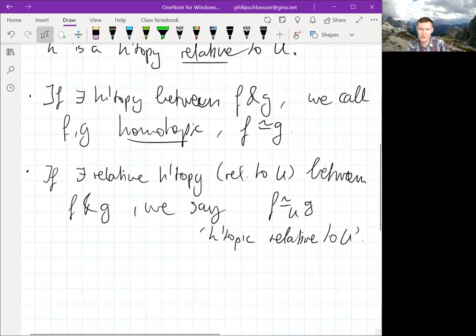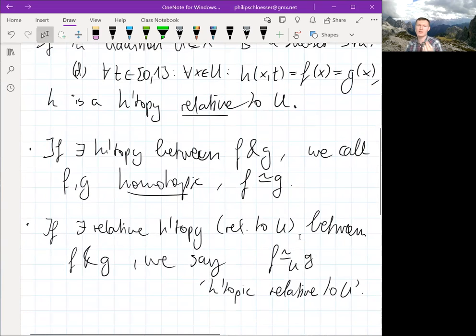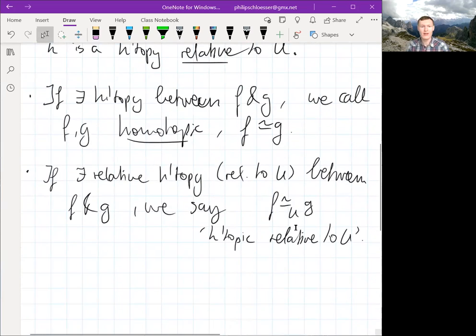And since you can nicely glue continuous maps, the relation of being homotopic is actually an equivalence relation. The same goes for relative homotopicness.